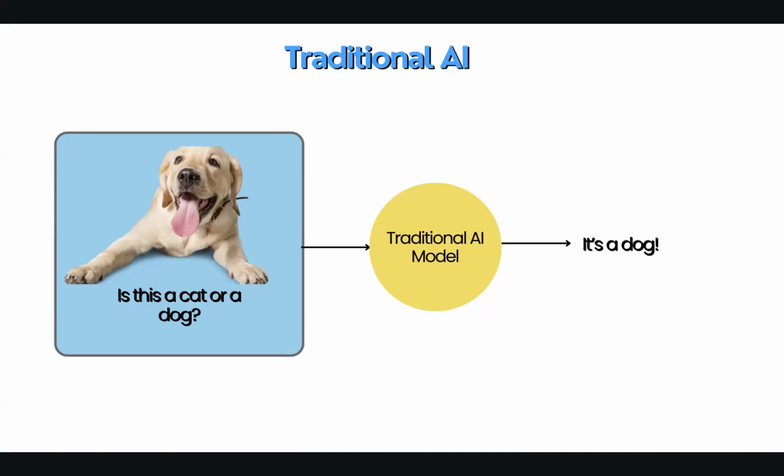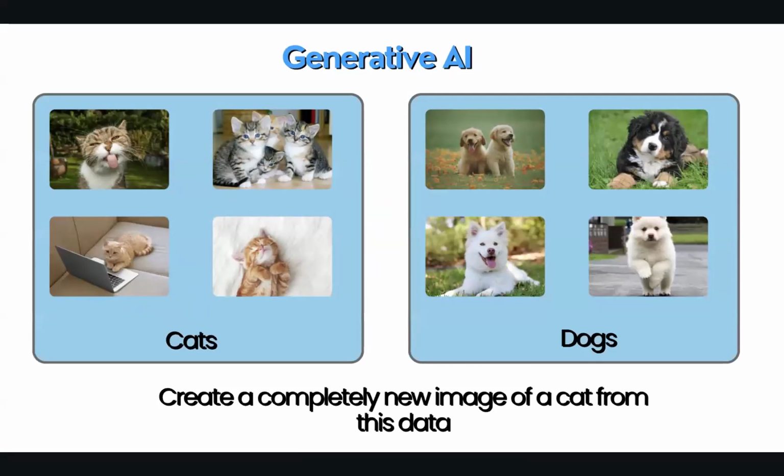Now, in the regime of generative AI, you ask a question which is typically very different from either classification or regression. The main question you are interested in is: can we create a completely new image of a cat or a dog from this data?